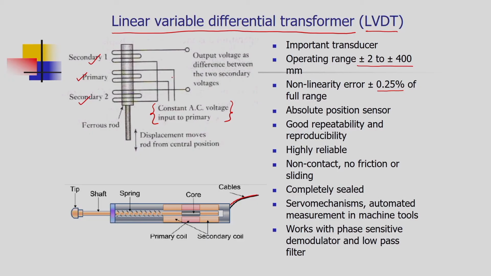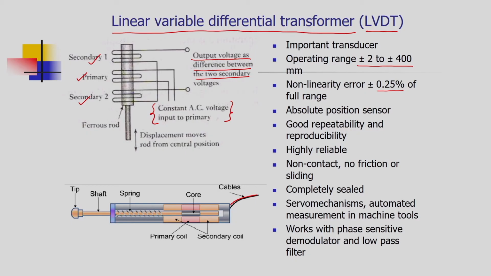That alternating magnetic field will generate the electromotive force in secondary coil number 1 and secondary coil number 2 through the ferrous rod. When the overlap of the ferrous rod in secondary coil number 1 and secondary coil number 2 is equal, then we are getting the output voltage as 0. Why is it 0? Because secondary coil 1 and secondary coil 2 are connected in opposite direction. So, their magnitudes are the same, but the signs are opposite.